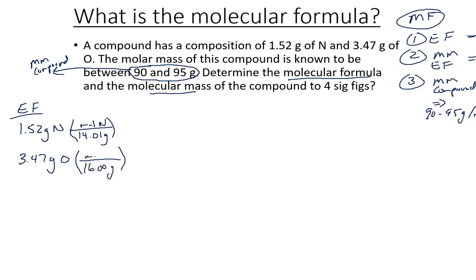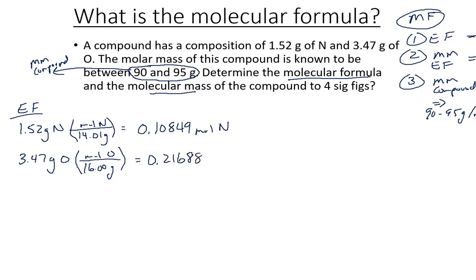So grabbing my calculator, 1.52 divided by 14.01 is going to give us 0.10849 moles of nitrogen. Also now dividing the oxygen, 3.47 divided by 16, is going to get us 0.2168 moles of oxygen.